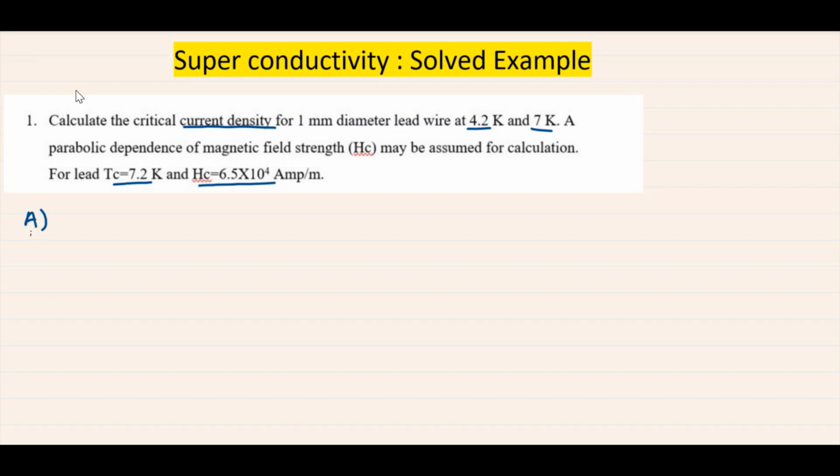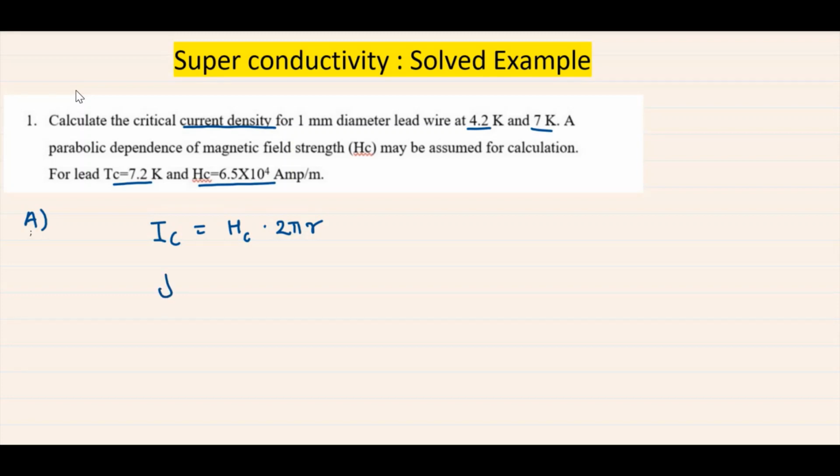The equation to find the critical current is Ic, which is equal to magnetic field Hc into 2 pi r. Okay, this is the equation to find critical current.